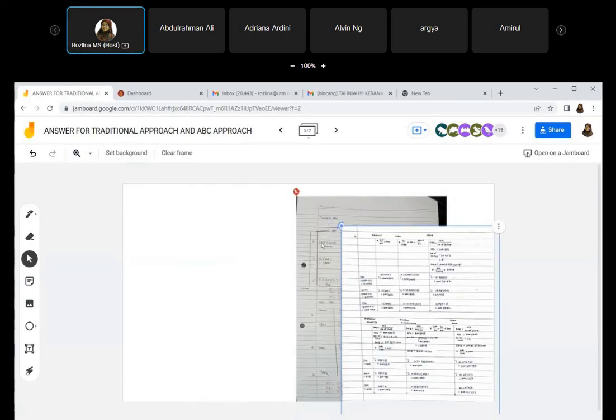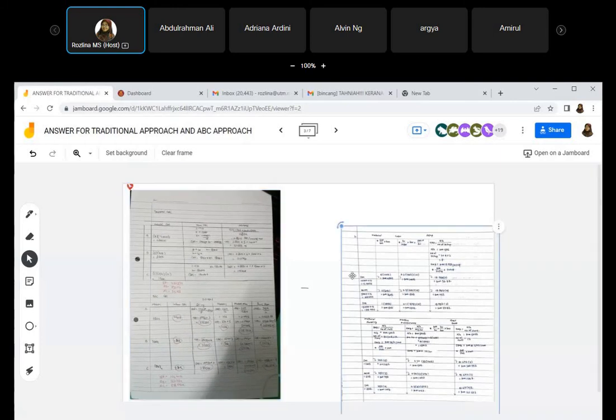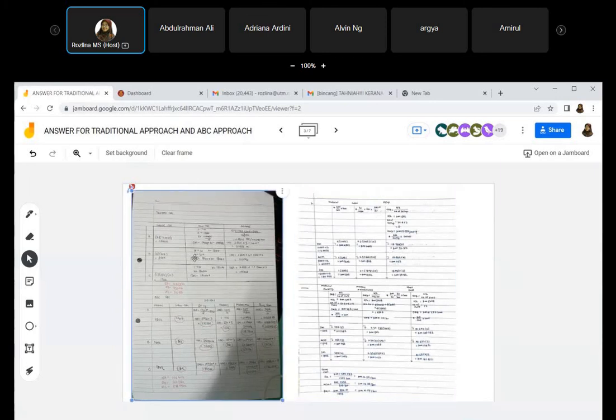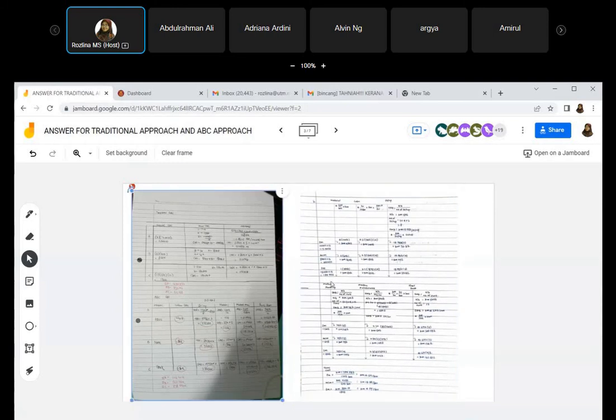You can shift. This one is traditional. This one? Oh, this one, right? Okay. Oh, this is below.